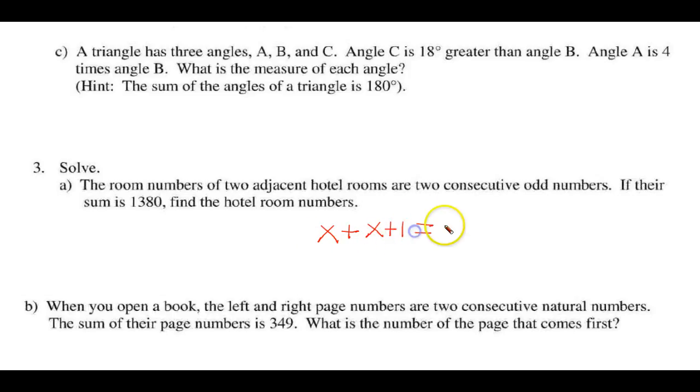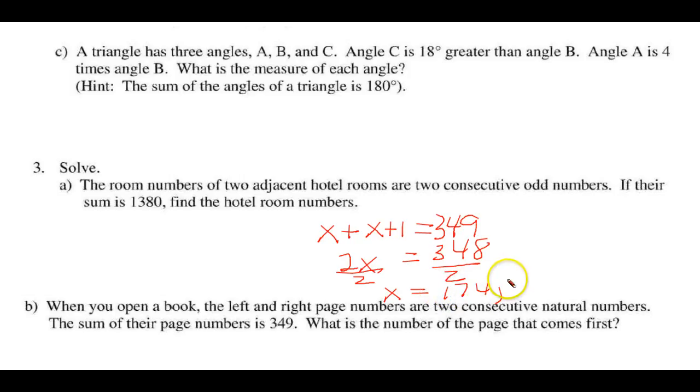So the total of these, 349. Add our integers up, 2x plus 1. Subtract 1. Divide both sides by 2. We get x equals 174. And the other one is 175.